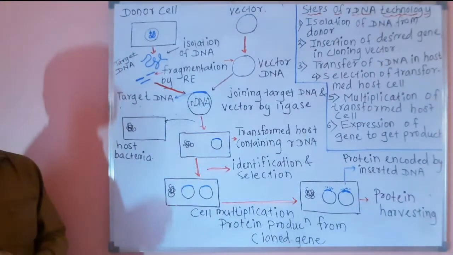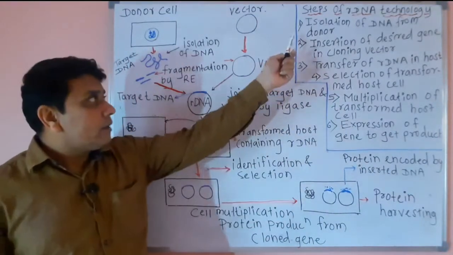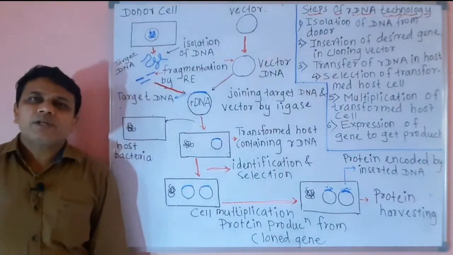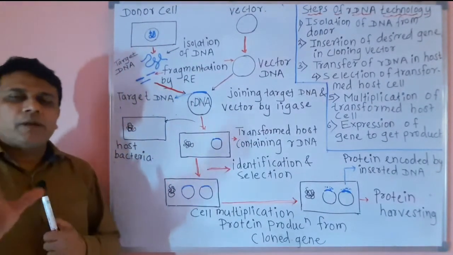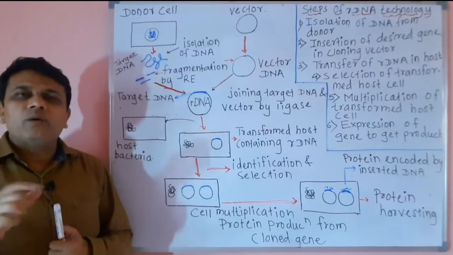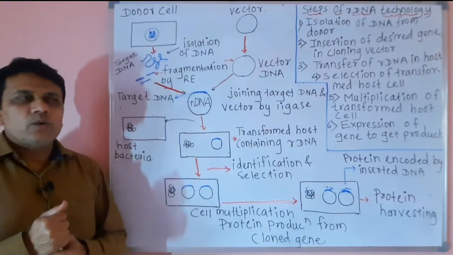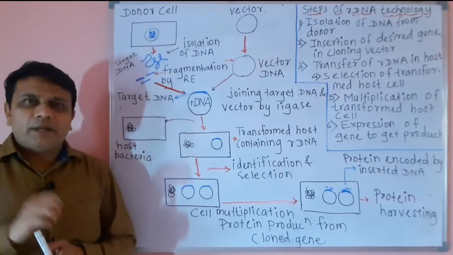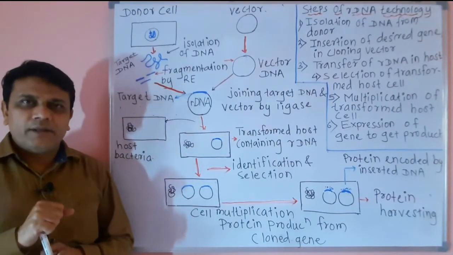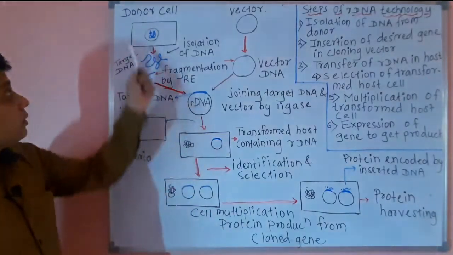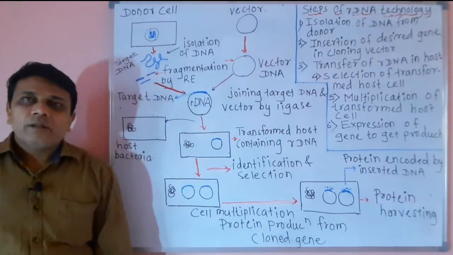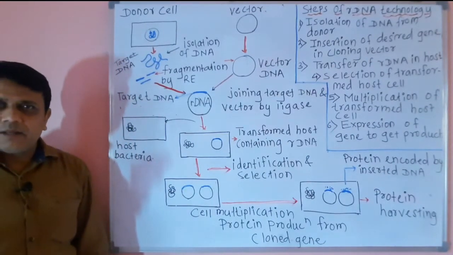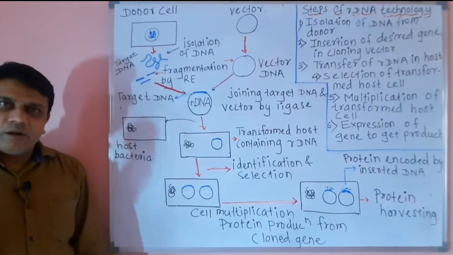So the first step in the recombinant DNA technology is the isolation of DNA from a suitable donor cell or donor organism. In the first step, DNA is isolated from the donor cell, which carries the type of genes that are to be inserted in the host cell.